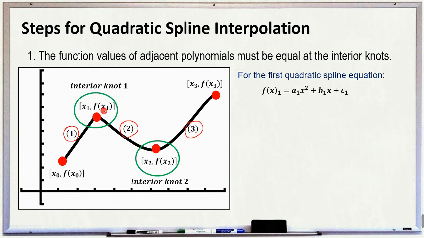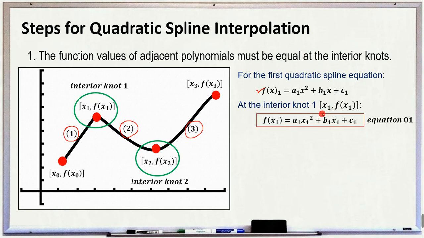So to execute that, for the first quadratic spline equation, this is its format. At interior knot number 1, whose coordinates are x1, f of x1, you substitute those. So y is equal to f of x1 is equal to a1 x1 squared plus b1 times x1 plus c1. So this is our equation 1.